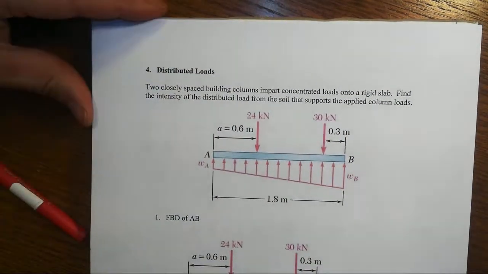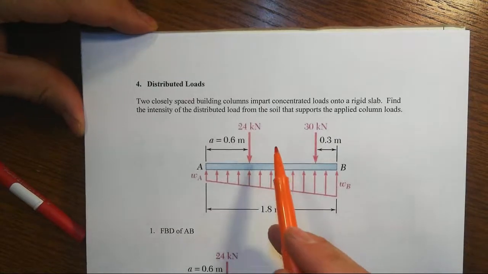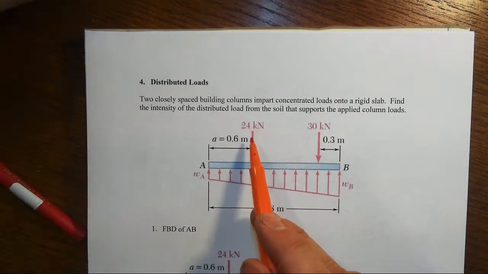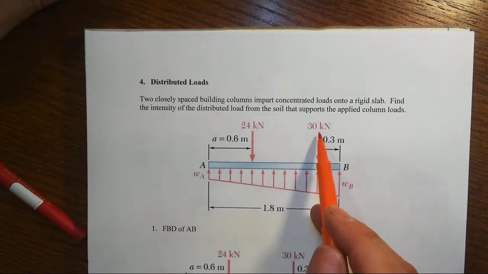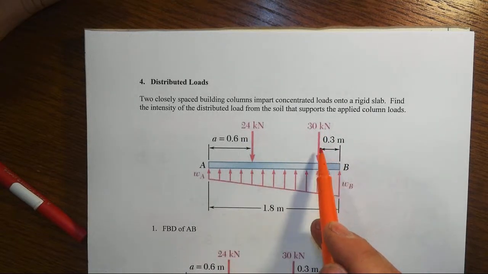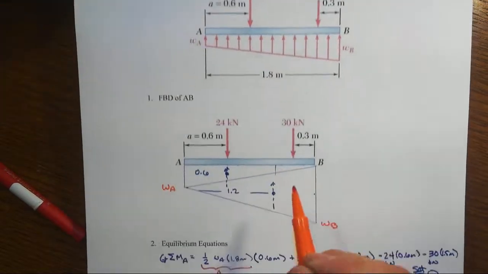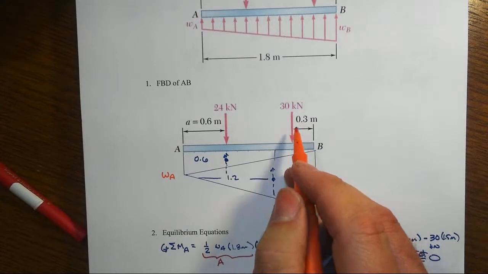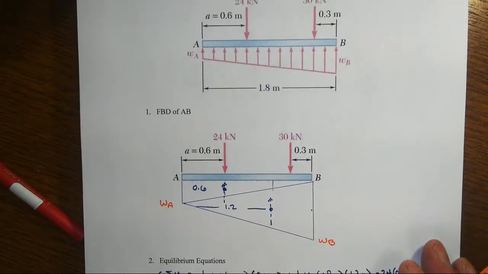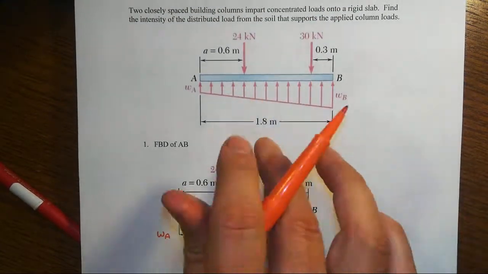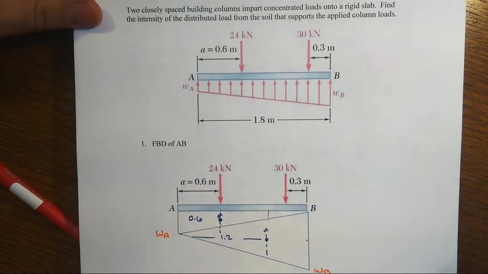Wow! Why was it you expected that? Well, because note, the 24 kilonewtons was about at the 3rd point location. The 30 was larger than the 24, and it was outside of this 1/3 point. It was closer to B. That all suggests to me that the effect of these loads are shifting a little bit over to the right.